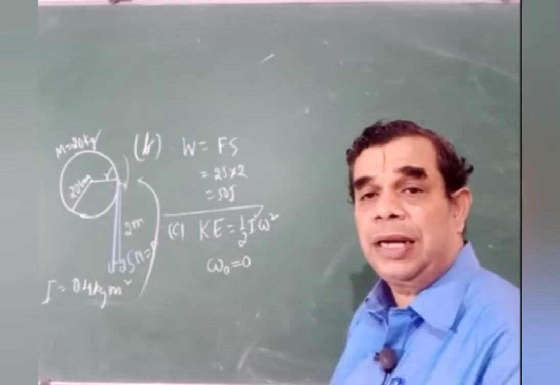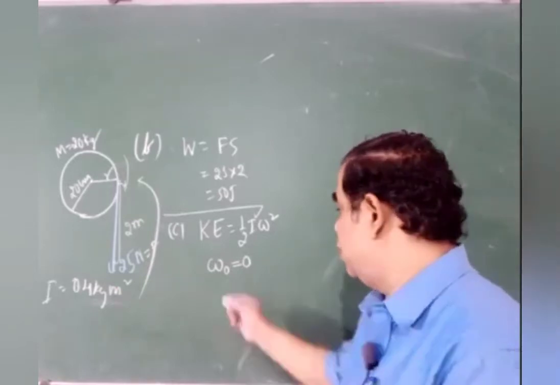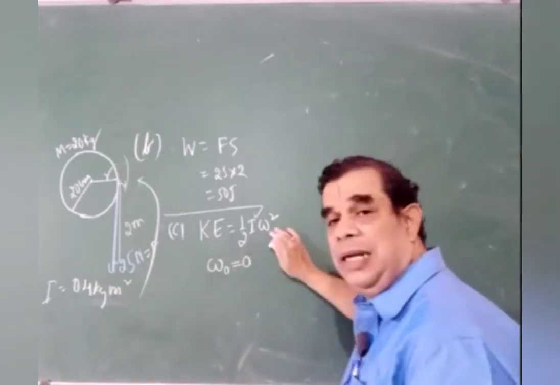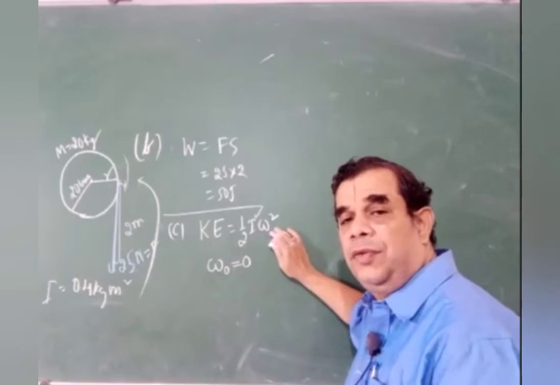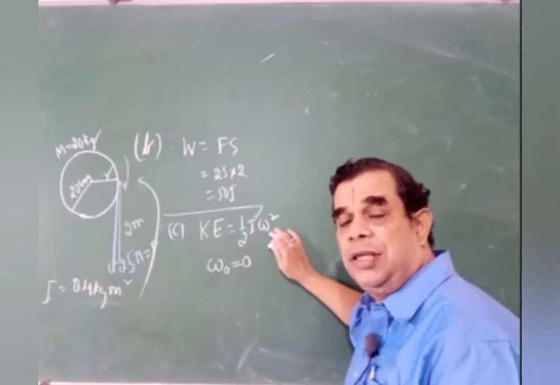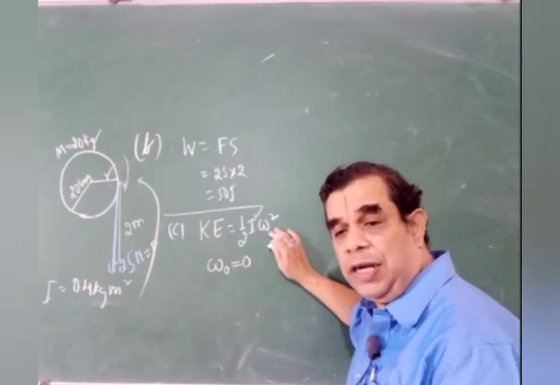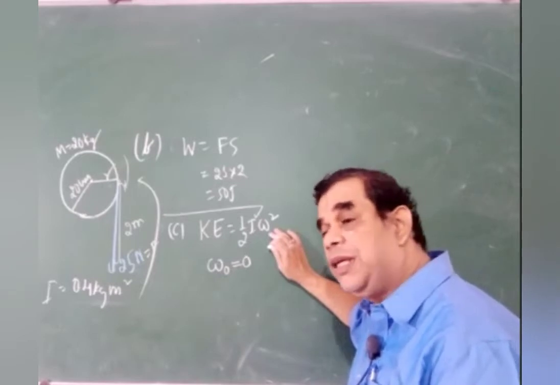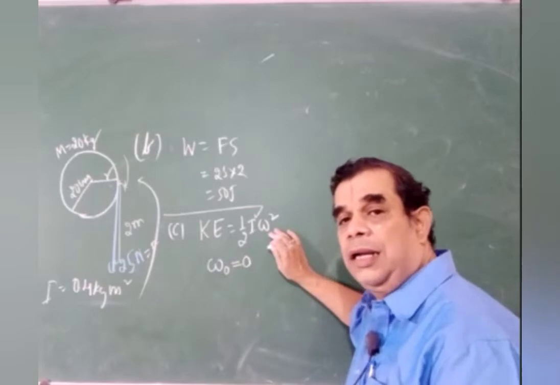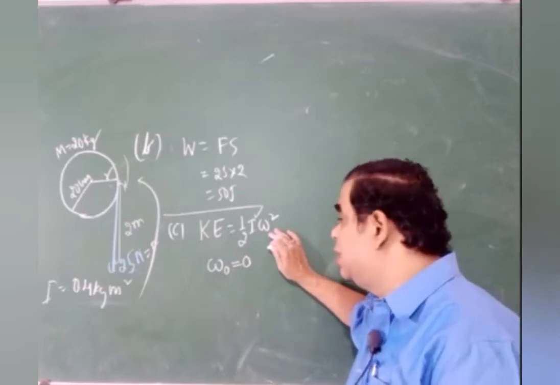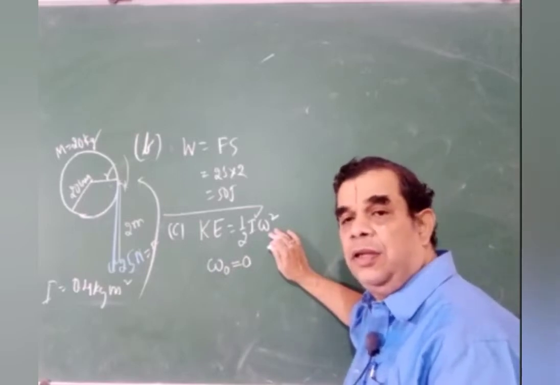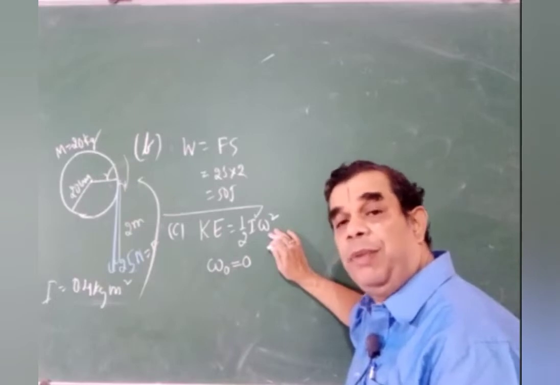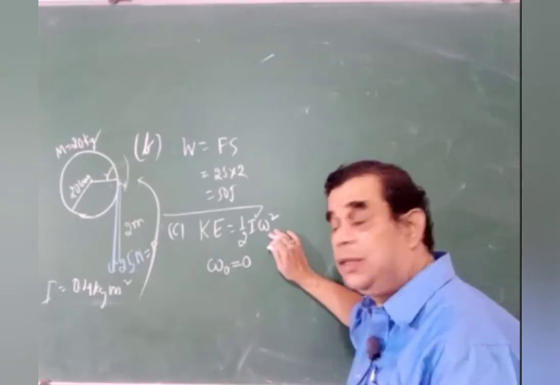Omega, how do we calculate? That's very important. For omega to be calculated, we have three equations. Omega equals omega naught plus alpha t. If you know t, you can calculate. Or the second equation, theta equals omega naught t plus half alpha t square, what we have written yesterday.